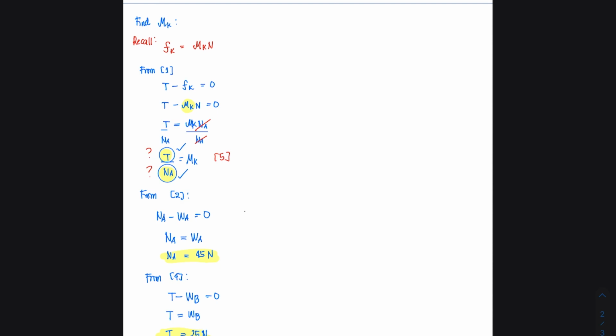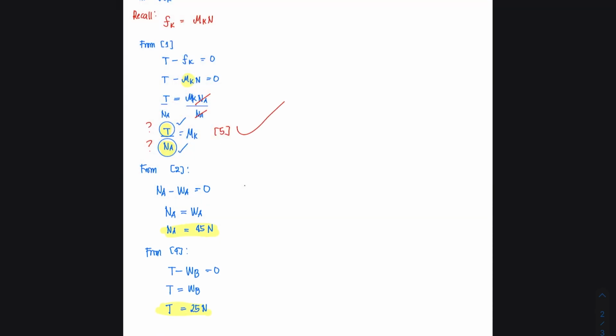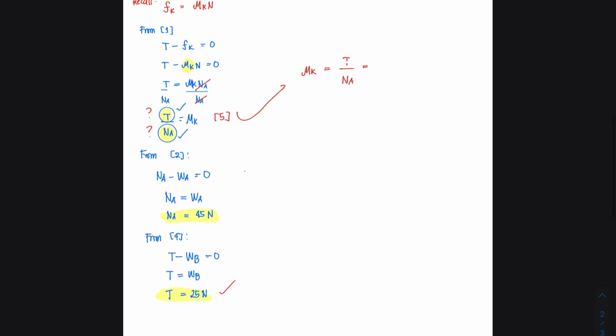So I am now ready to solve this equation. Mu sub k, which is the coefficient of kinetic friction, is just equal to the tension divided by the normal force A. Now the tension, as I was able to solve here, is 25 newtons divided by the normal force A. I have also solved that earlier here, 45 newtons.